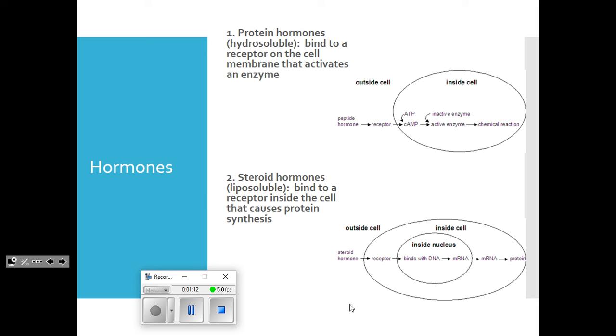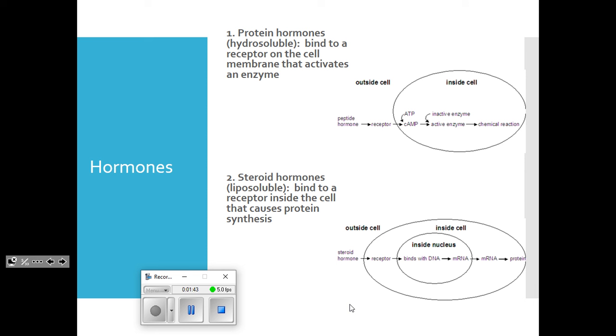Protein hormones, when they're going to have their effect, attach to something outside the membrane of the cell, and then that causes a sequence of events to happen inside the cell, usually involving an enzyme that's going to be activated. Now, which enzyme it is differs depending on the hormone. But for example, insulin is a protein hormone. It would fall in this category.